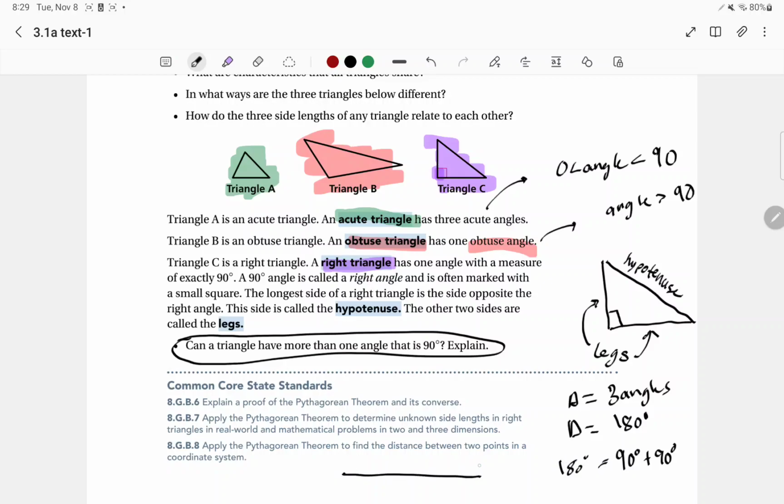Which is essentially a straight line. So here's your triangle. Here's one side, here's another side. It makes a straight line. If you have a triangle that has a really large obtuse angle, so let's say here, and then here's your obtuse angle, then you have this very long line in between them, but you cannot have two angles greater than 90.